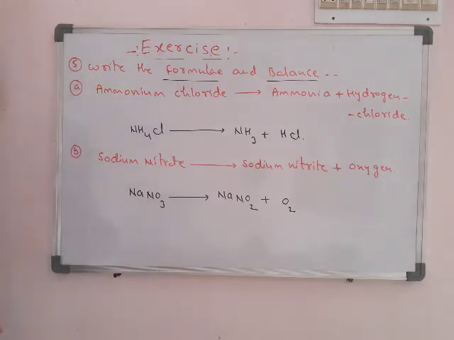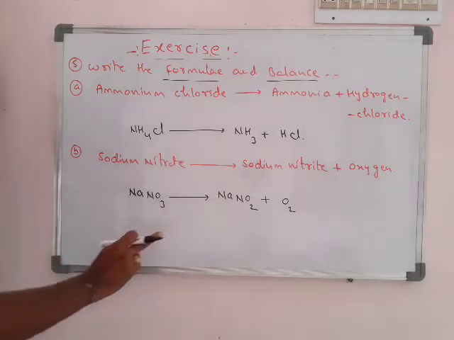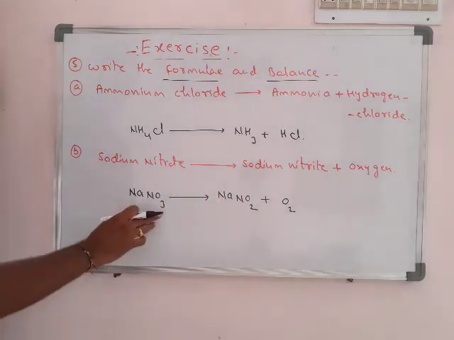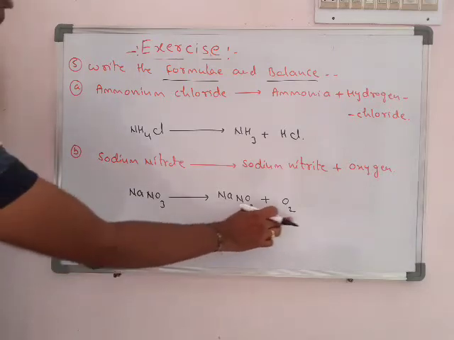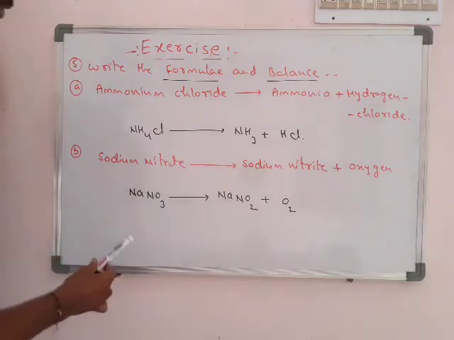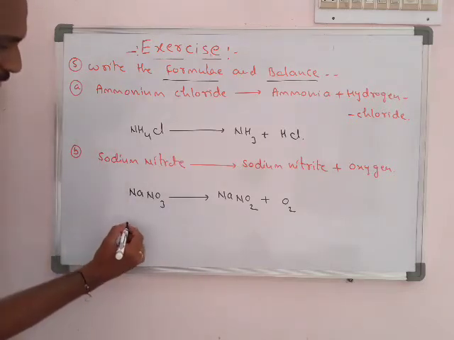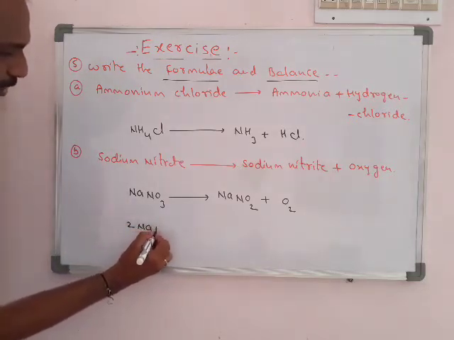Now balance it. How many sodiums? 1, 1. Nitrogen 1, 1. But here oxygens are looking different. Here 3 oxygens, here 4 oxygens. Okay, 3, 4. So it is an odd number and even number. At that time, just do like this.